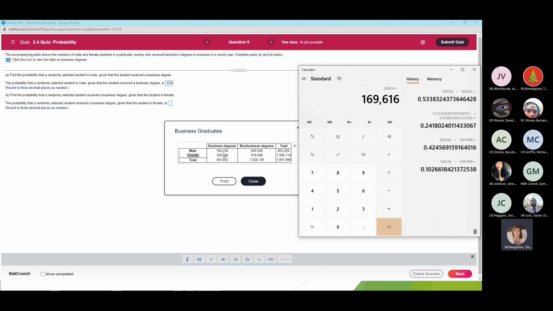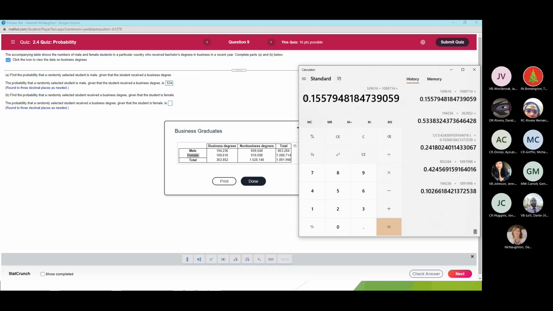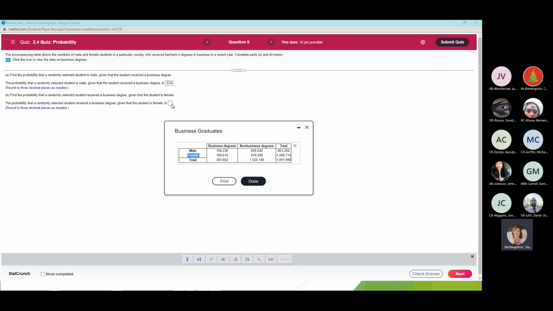And then we divide that by the total number of females, which is 1,088,714. And that probability is 0.156.